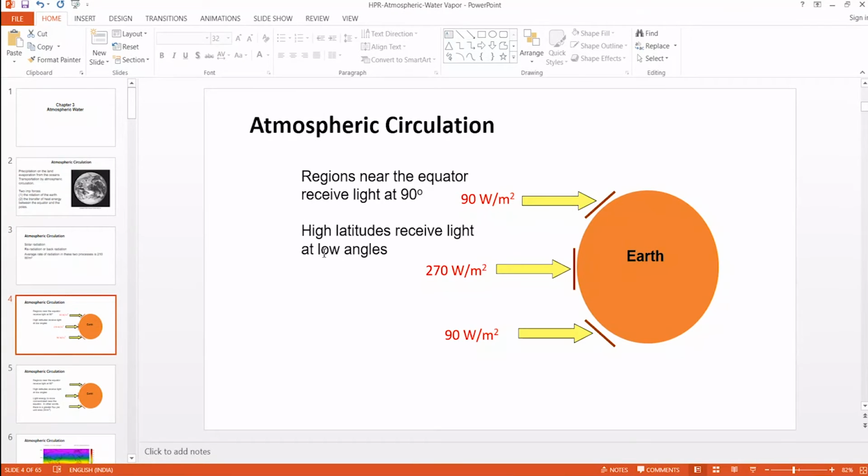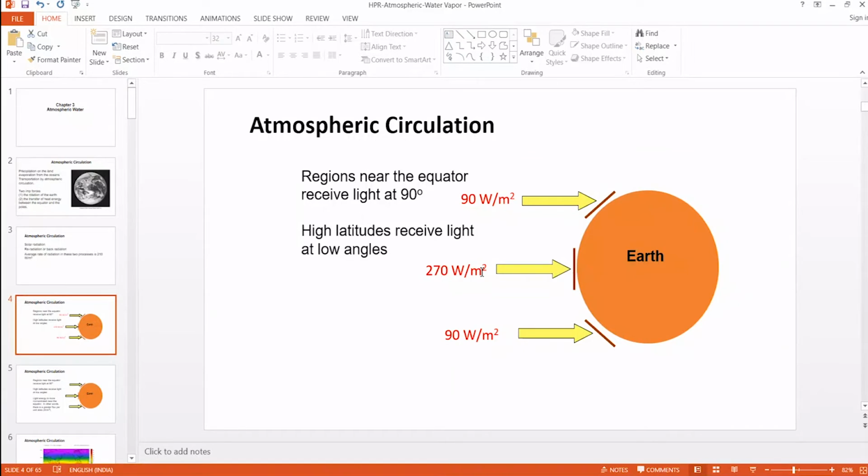See, this is the Earth, and this is the equator that divides this circle into two semicircles. Here is the equator, and you see the solar radiation hits the regions at the equator in a perpendicular direction.